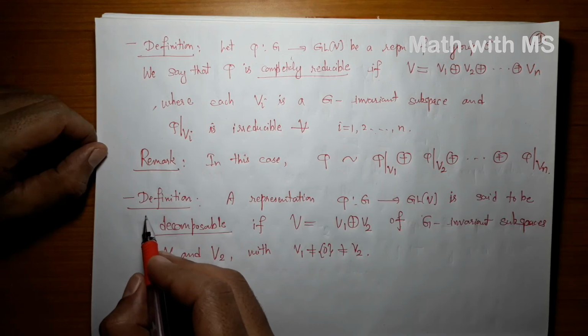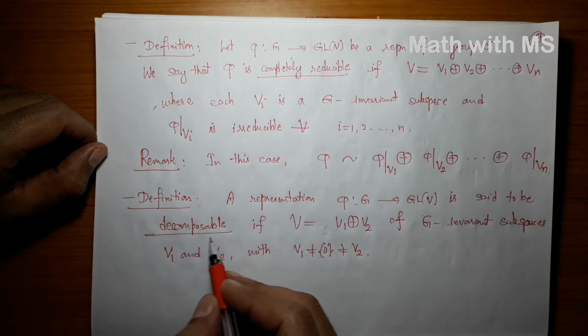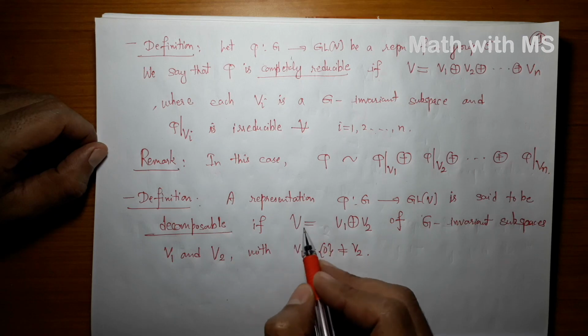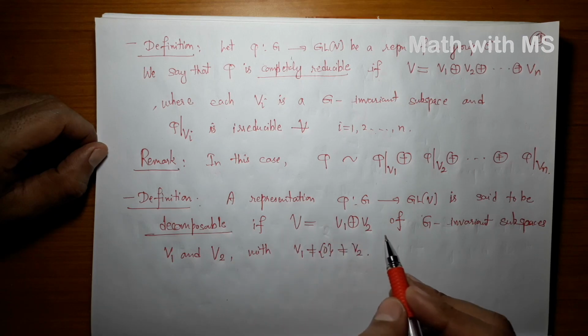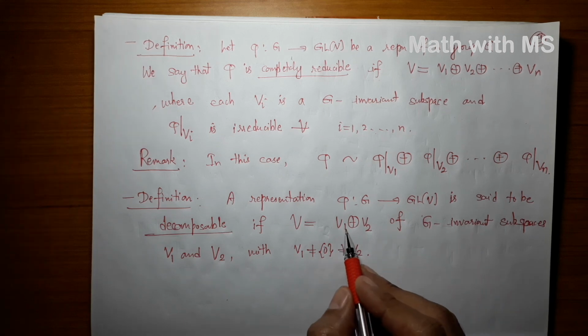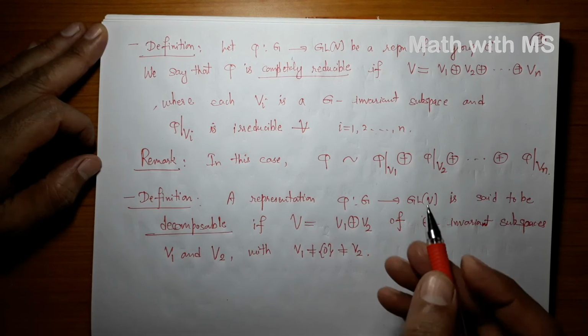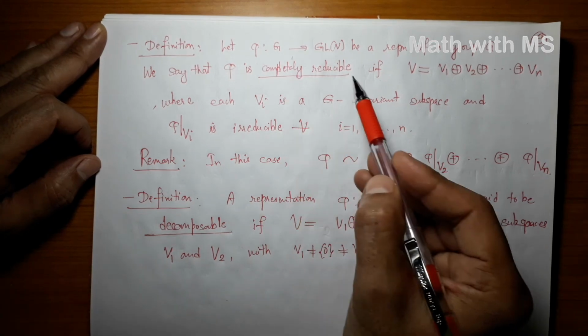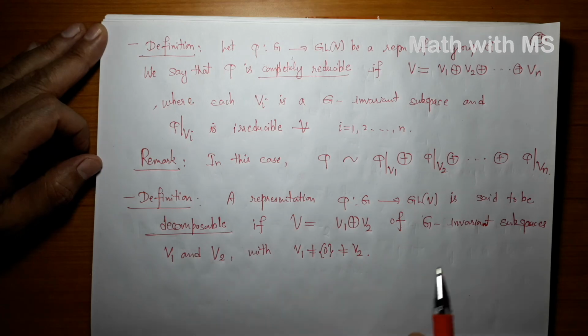Let's give one more definition. A representation phi from G to GL(V) is said to be decomposable if I can decompose my representation space V as a direct sum of two non-zero G-invariant subspaces. I want both the components to be non-zero, therefore both of them are actually proper because it's a direct sum. Alright, so let's see the relation between irreducibility, complete reducibility, and decomposability.